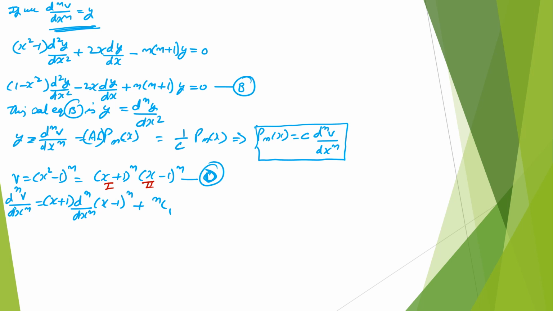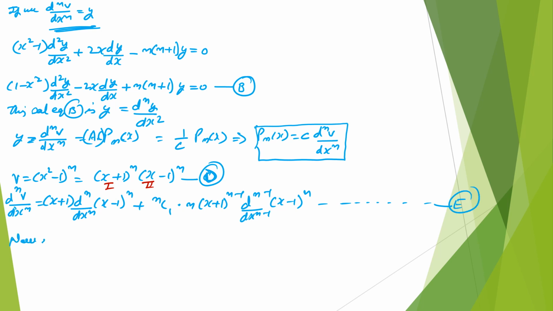Next term will be nC1 into n (x plus 1) to the power n minus 1 single time differentiation, and the n minus 1 time differentiation of (x minus 1) to the power n, and so on. Now this is equation E.